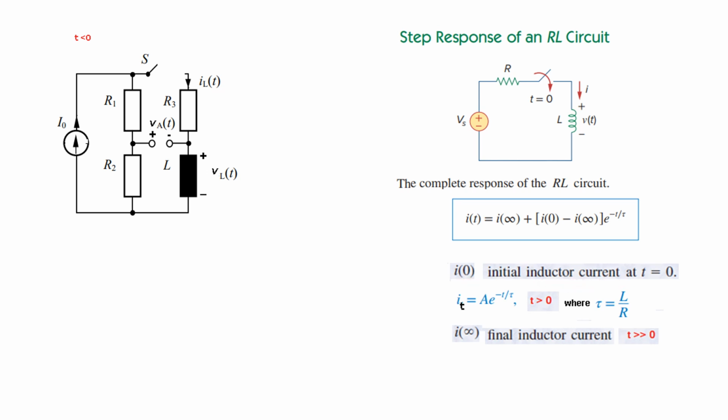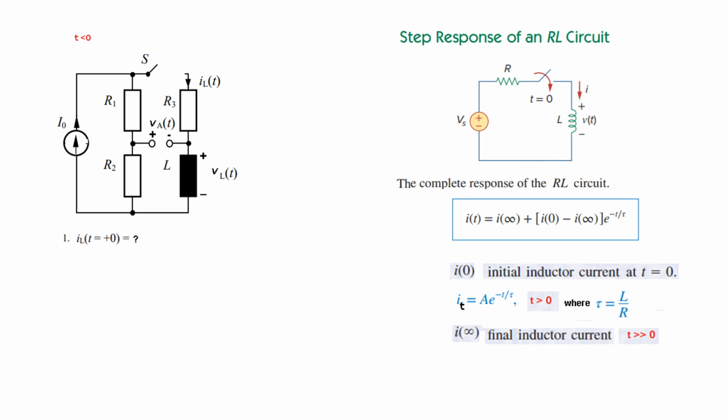Then we also have to find the final inductor current for t greater than 0. And at any time in between, it will be this type of formula, with e raised to the power minus t over tau. So this is the formula that will carry for this circuit as well.